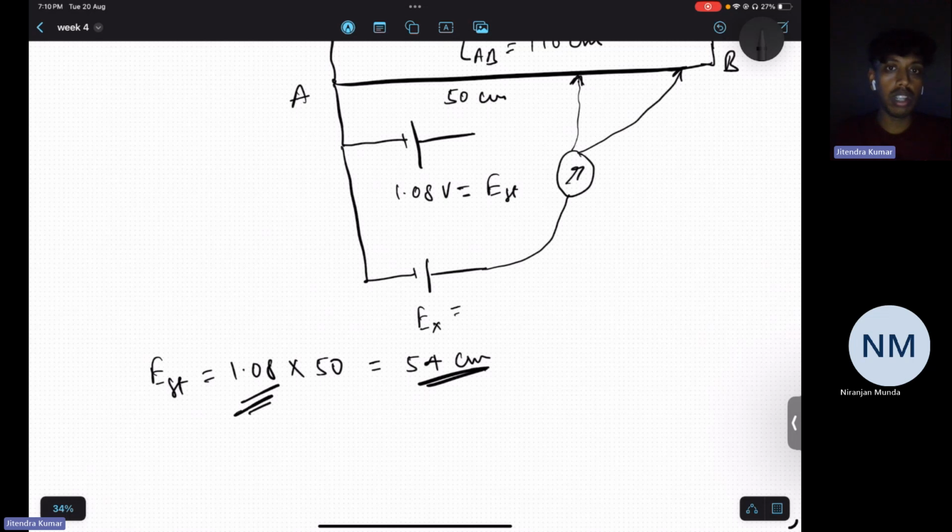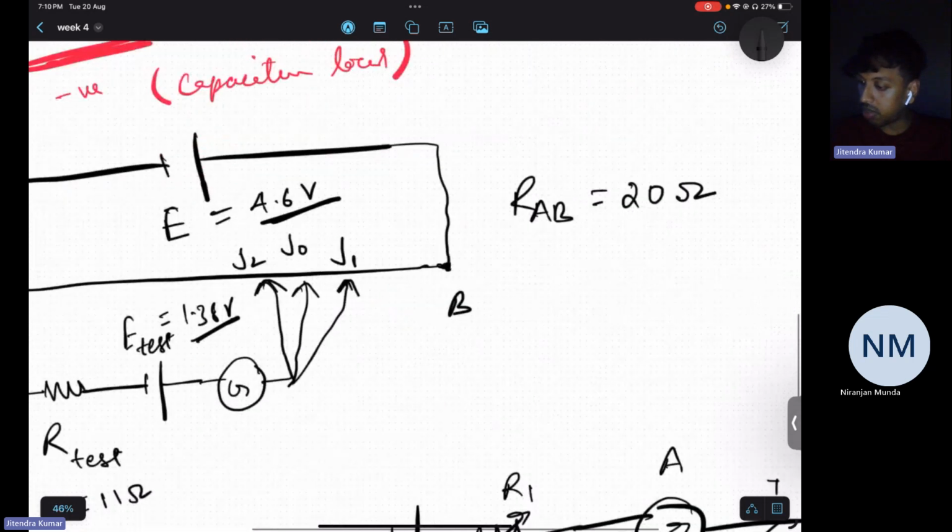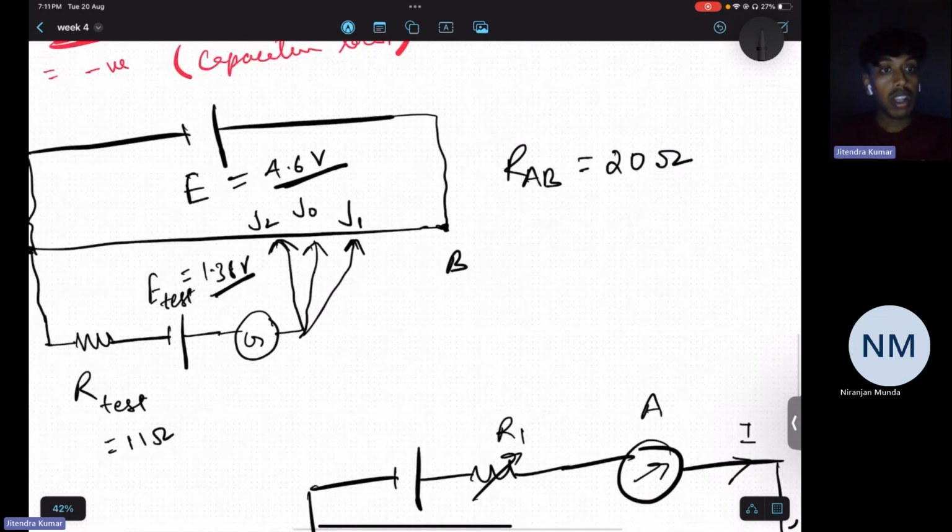So here in the problem, the null value is mentioned. The wire resistance R we needed to calculate.